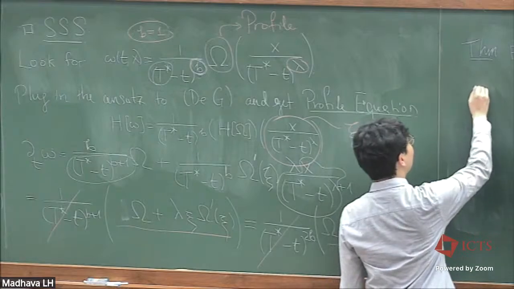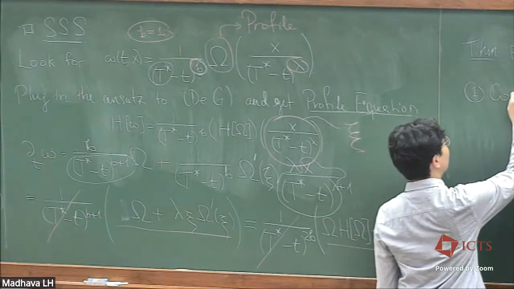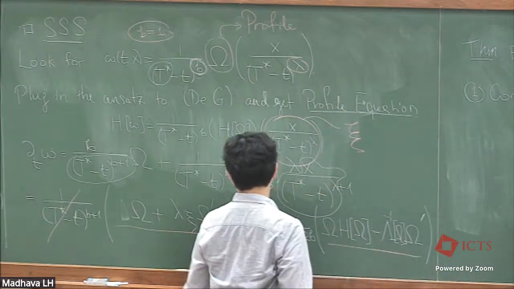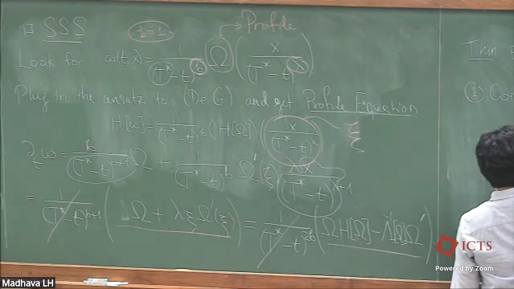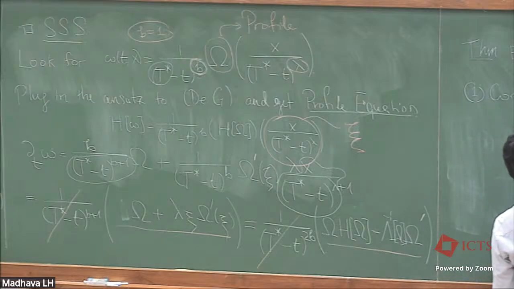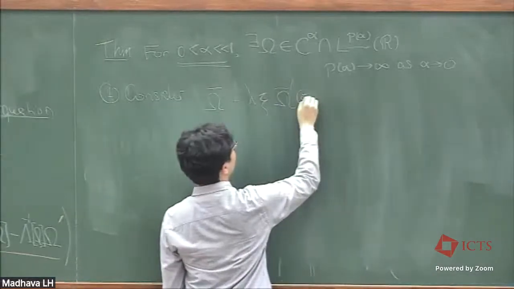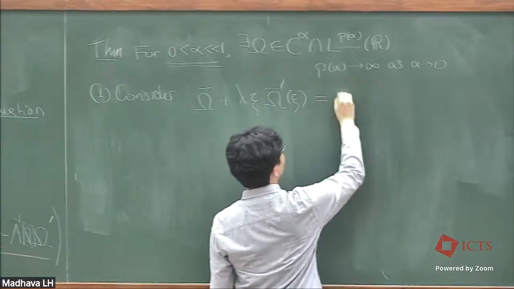So consider, formally for now, maybe I will put the bars to avoid confusion, omega bar plus lambda, this equation.